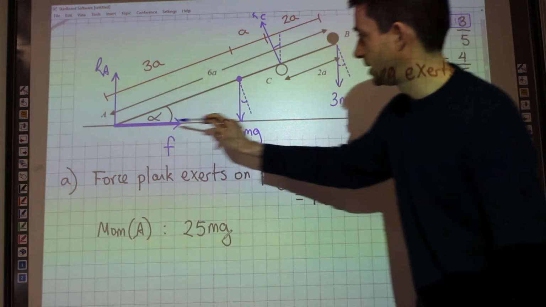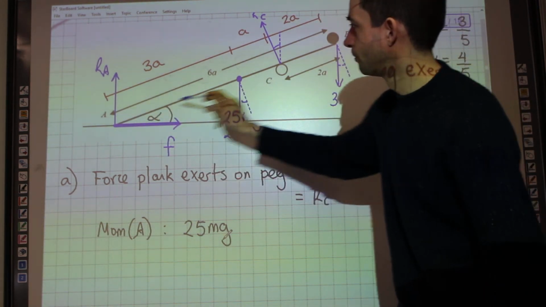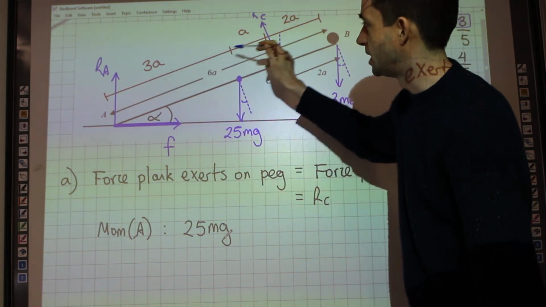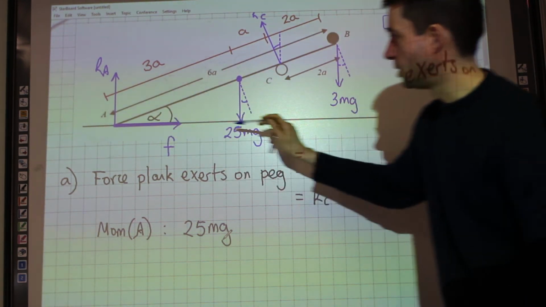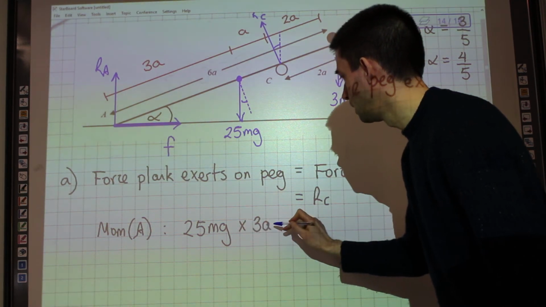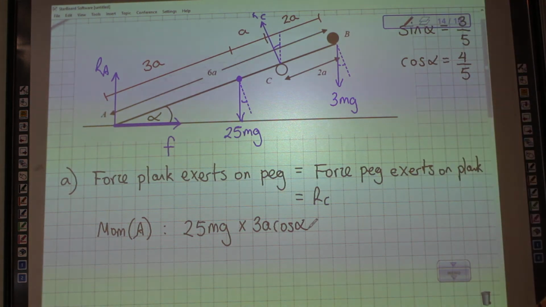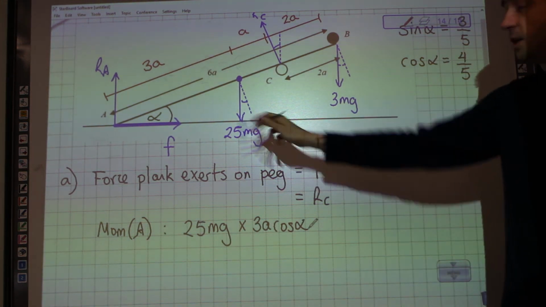So I need this length here, which is going to be 3a, which is the distance identified there, times by cos alpha. So 25 mg times by 3a cos alpha is going to be the moment created by this force here.